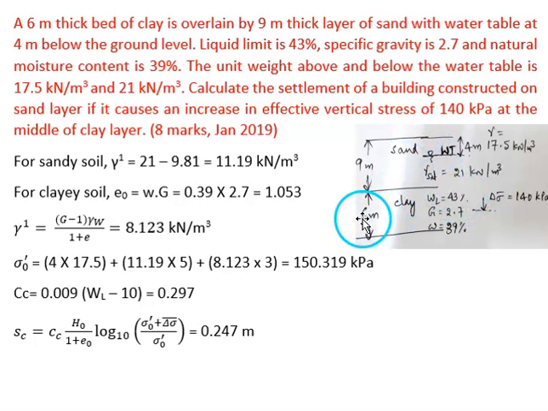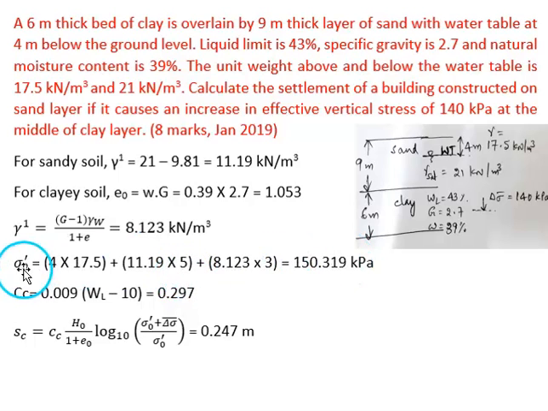From the ground level to the center of the clay layer, we have to calculate the effective stress. For the top layer, that is the first 4 meter thickness, the unit weight is 17.5. For the remaining 5 meters, it is 11.19, that is the submerged unit weight. Then up to the center means 3 meters. 3 into the submerged unit weight is 8.123.